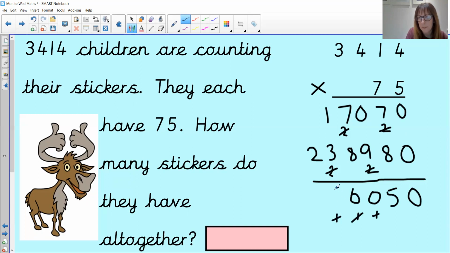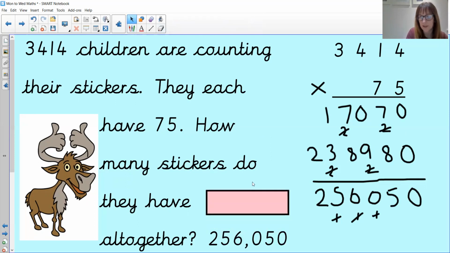Add the 1 is 5. And then we've got 2 here, nothing else. So we just put a 2 there. So how many stickers do they have altogether? They have a lot of stickers, I'll tell you that. 256,050. Big thumbs up if you got that answer correct.